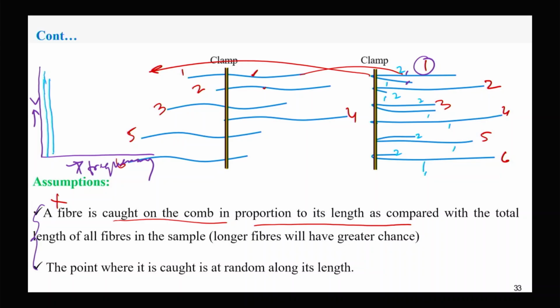Next fiber will be say 2, longer part. In this way, if you go on doing it, you will get a curve like this, which is triangular shape.